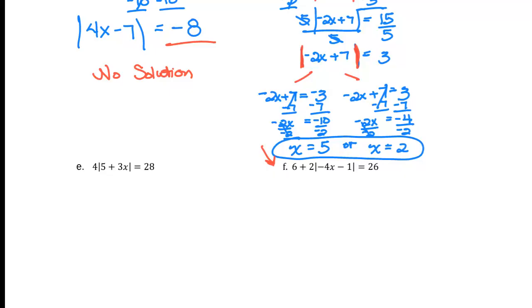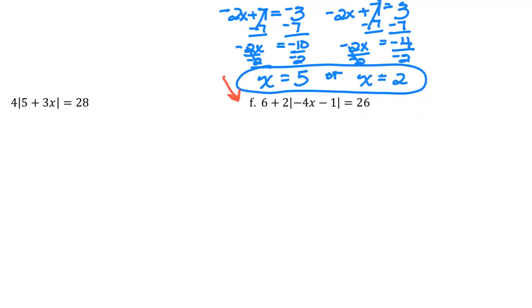You want to undo any addition. What's being added here first? I'll help you get started. What's being added? It's 6, right? Right now it's being added, so you need to subtract 6 from both sides. So start there, and I'll walk around and see if I can help you. Everybody trying letter F.